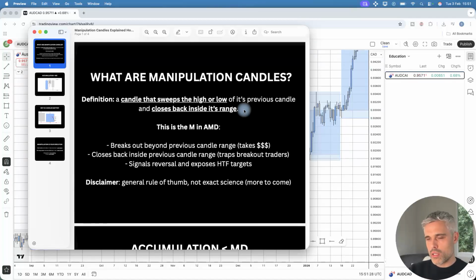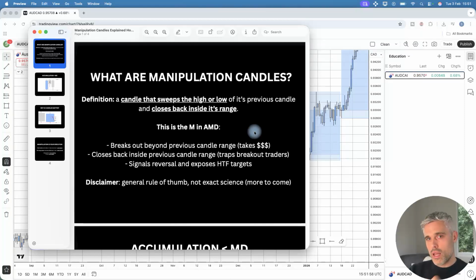So what essentially happens is it's breaking out beyond previous candle range highs or lows, taking that external range liquidity, or the money, the stops at those highs or lows. Why? Because institutions are building positions. They need volume to do that. It then closes back inside the previous candle range. So breakout traders, or anyone that's getting short or long on the manipulation candle in the wrong direction, is now trapped.